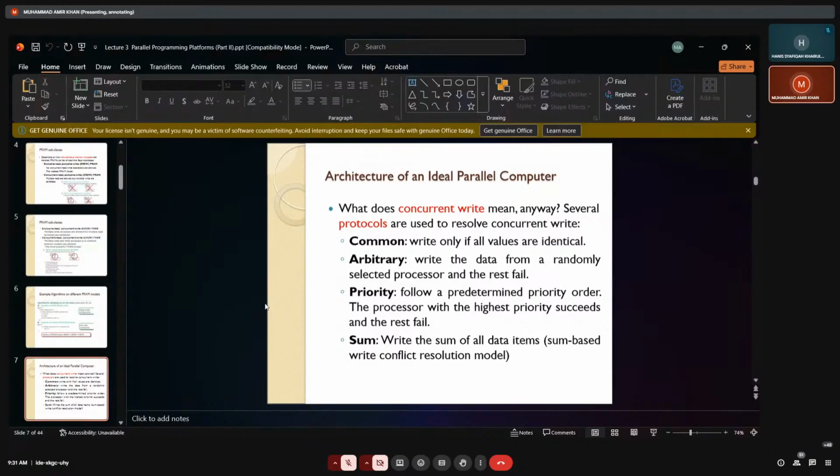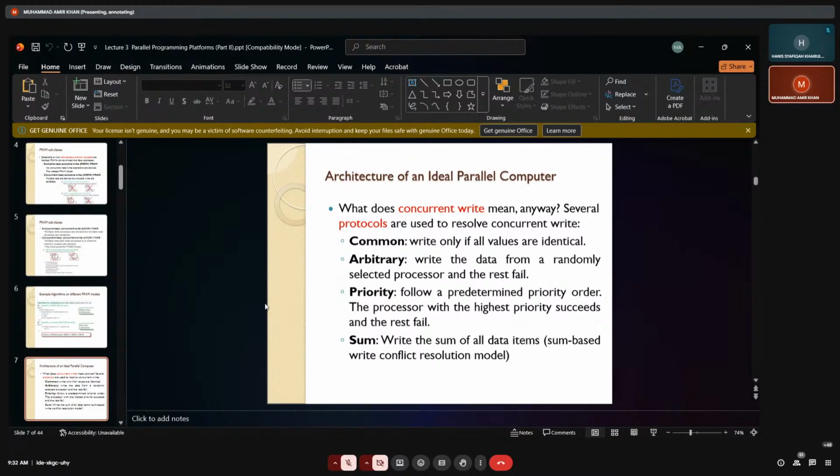Architecture of an ideal parallel computer. If you talk about the ideal parallel computer, there is no bug, no issue. So what does concurrent write mean? Several protocols are used to resolve concurrent write: common, arbitrary, priority, and sum. Common: write only if all values are identical. Arbitrary: write the data from a randomly selected processor and the rest fail.